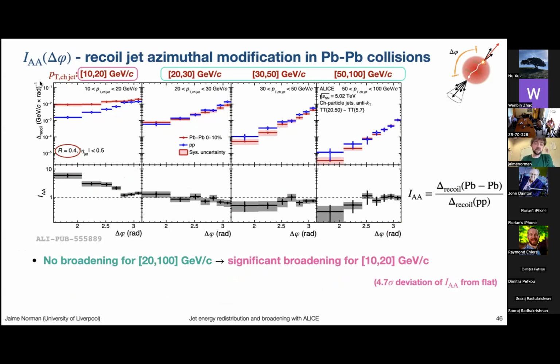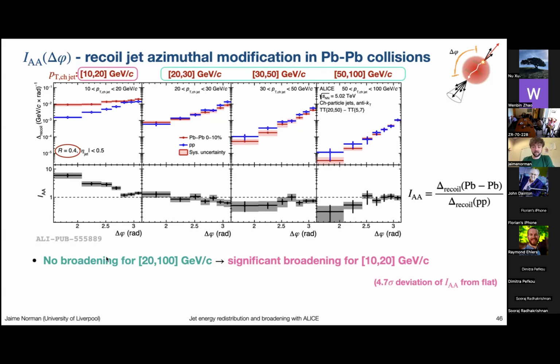I show the distributions here for R equals 0.4 jets, as well as the IAA in the bottom panels. And we see in this lowest pT region this significant broadening. For R equals 0.4 jets, this amounts to a 4.7 sigma deviation of IAA from a flat shape, okay?